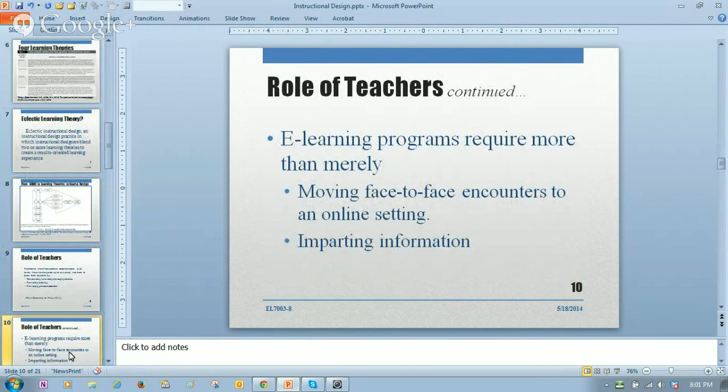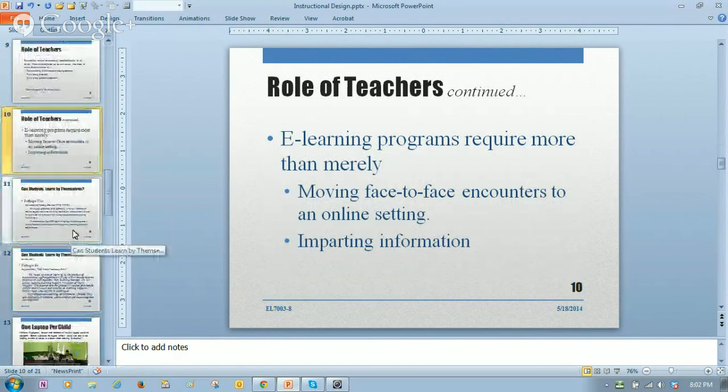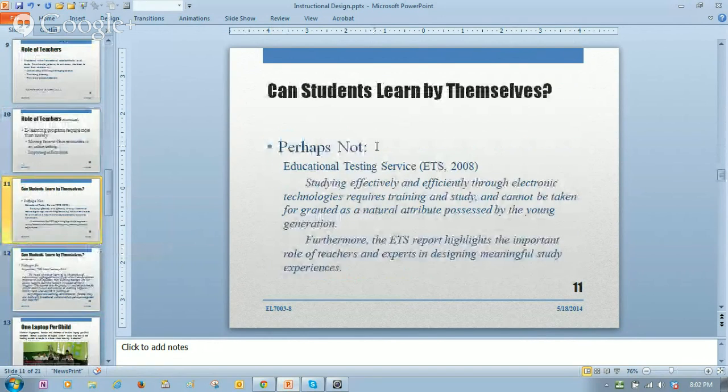And I think in one of the last papers I wrote, I went a little bit more in depth about the instructor being the facilitator, and there's need for more study on things. Now, can students learn by themselves? Can you hear me still? Yes. Okay. So perhaps not is what I wrote here.